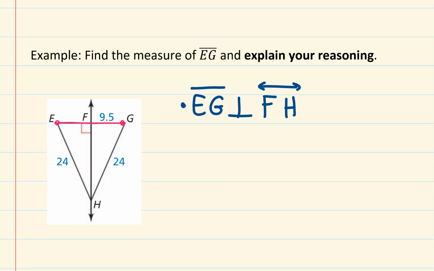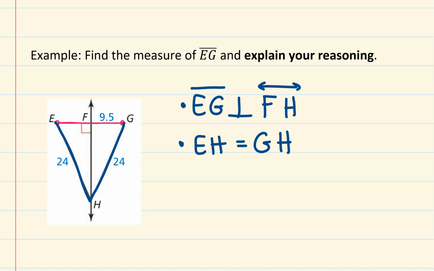So I know that those two things are perpendicular. What else do I know that helps me know that that's the perpendicular bisector? GH and EH are equal. Yes. So we know that EH and GH are both 24. So I know that EH is equal to GH. Because I said equal, you know I'm talking about how long they are, their length.